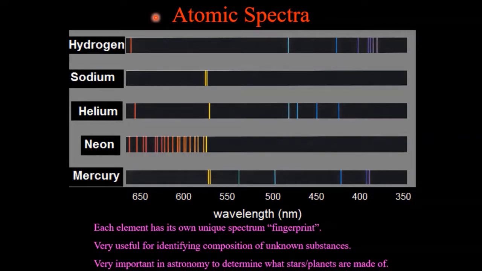So let's now go back to a summary of the different atomic spectra that we saw in the video, and there might be a couple extra shown here. This is just a small piece of an atomic spectra chart that might show dozens of different spectra. But let's take a look at some of these spectra.